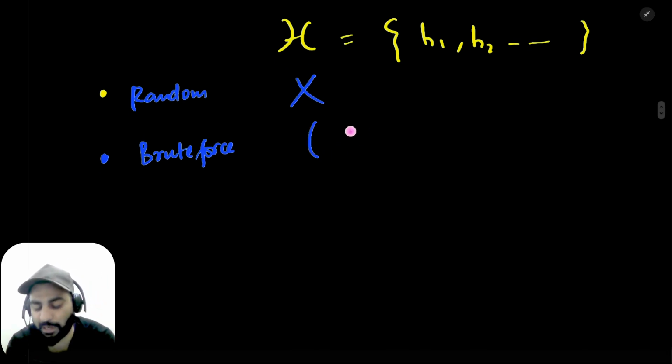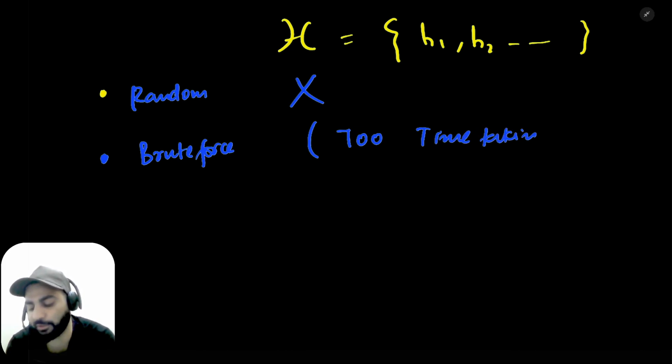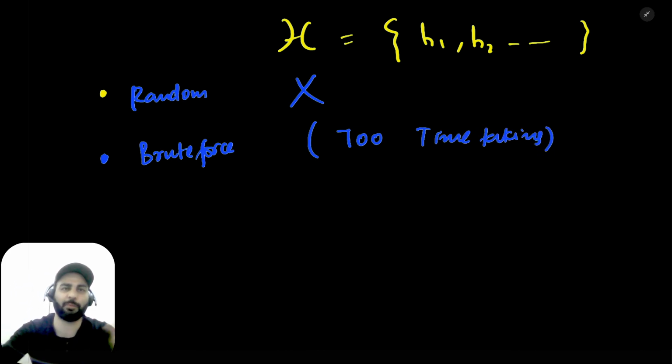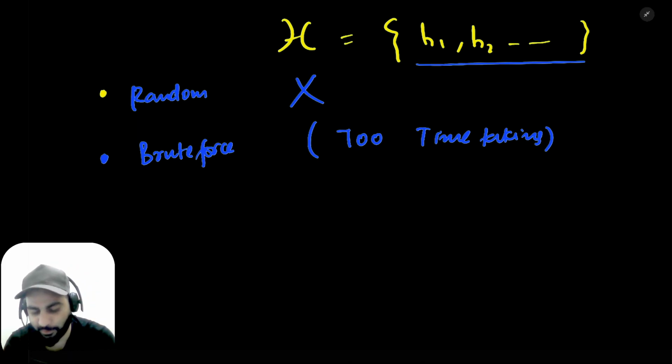It is too time-consuming. Do you agree on this point? If you have a hypothesis class, a set of functions, and you try each one of these, and there are infinitely many, you will keep on doing this for a lifetime. So random is not a choice, it is terrible, and brute force is not a choice either.